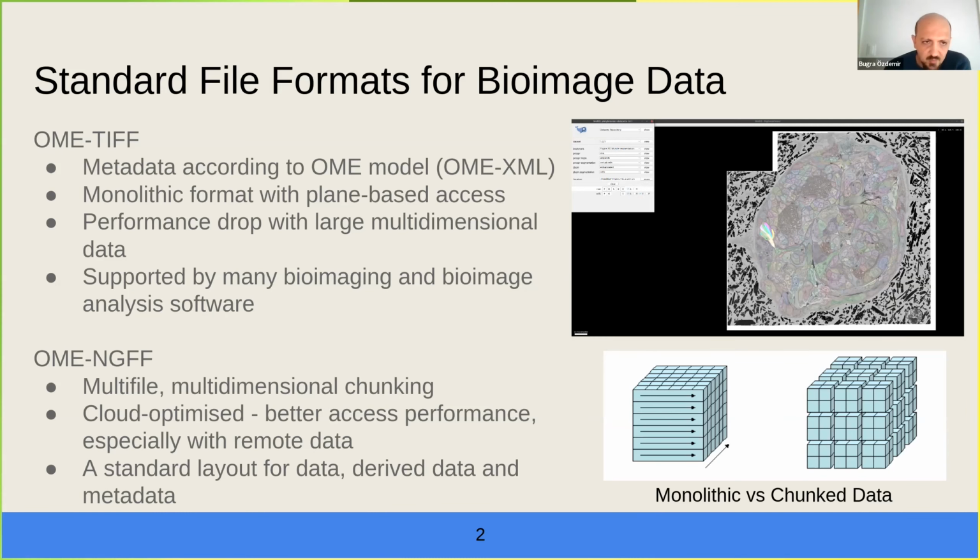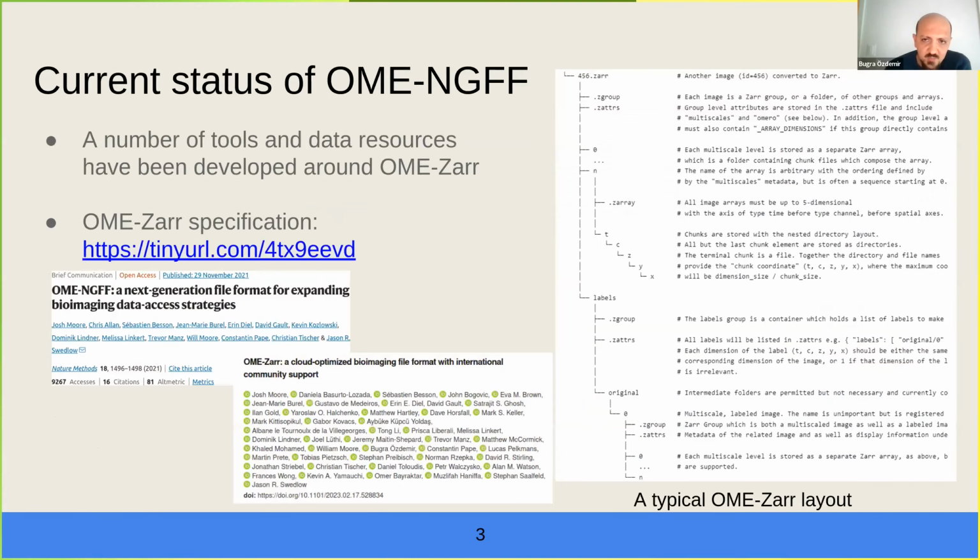In addition to these performance-related aspects, OME-NGFF also offers a common layout for storing data, metadata, and derived data, such as segmentation masks. Basically, a single series is a file hierarchy, as you see on the right-hand side.